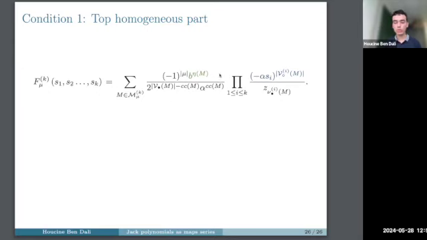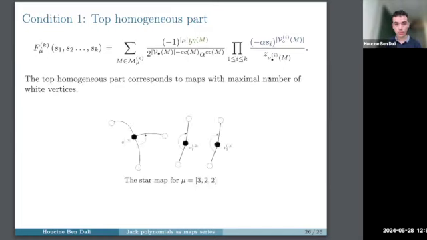So what does it mean to take the top homogeneous part in this formula? It's top homogeneous in the sense of the SIs, but maximizing the degrees of the SIs corresponds to maximizing the number of white vertices. And we can check that in order to maximize the number of white vertices, knowing that we are fixing the size of the map because we are fixing the face partition mu, for each edge we should have one white vertex.